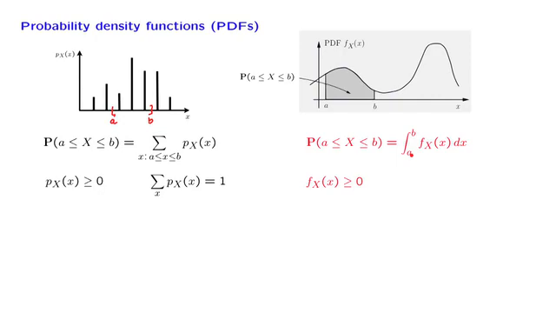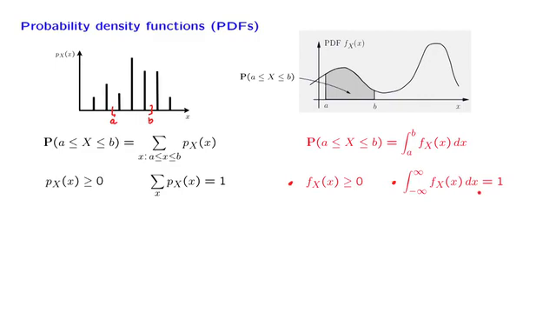So letting a be minus infinity and b plus infinity, we should get a probability of 1. So the total area under the PDF, when we integrate over the entire real line, should be equal to 1. These two conditions are all that we need in order to have a legitimate PDF.